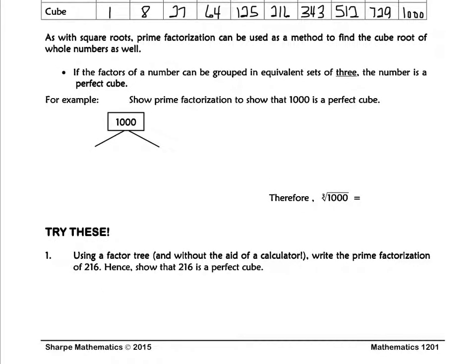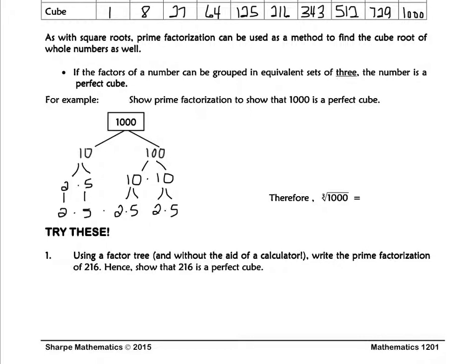So if we take 1,000 and break it down into 10 times 100, and then 10 is 2 times 5, and 100 is 10 times 10, and that would be 2 times 5, and 10 would be 2 times 5.